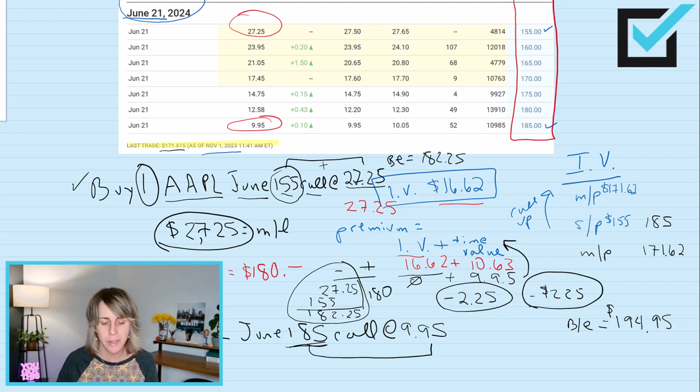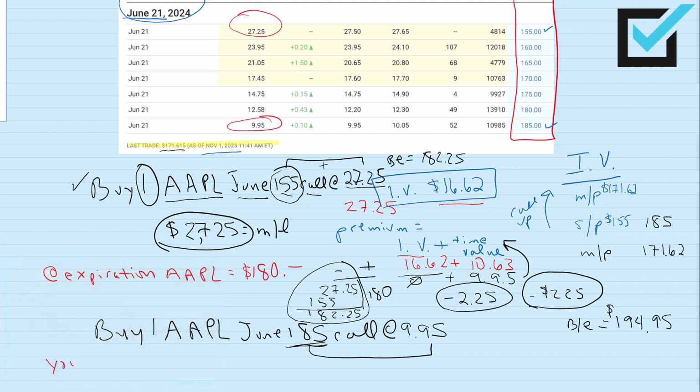So let's say that when you decide to exercise the contract, you have a market price of Apple. You decide to exercise the contract. Apple is trading at, let's say, 197.45.